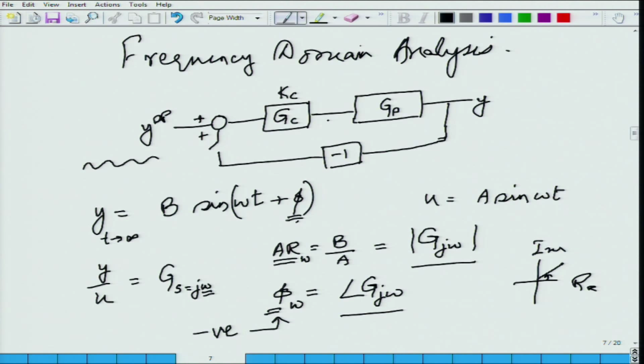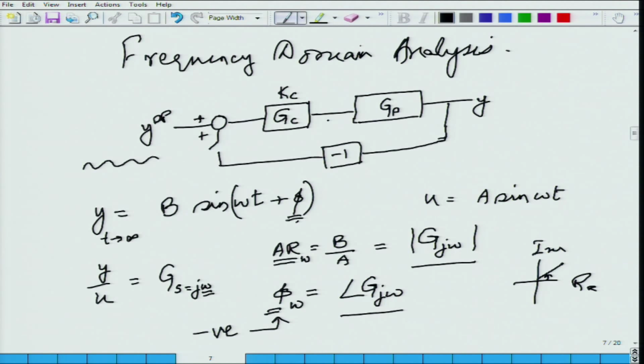Also notice that Kc does not depend on s. Kc is a pure real number. If Kc is a pure real number, it will only affect the amplitude ratio, but not the angle. Okay. Well, you need a little bit of complex algebra to know this, but refer to a textbook.